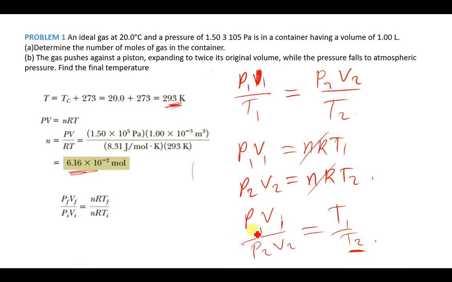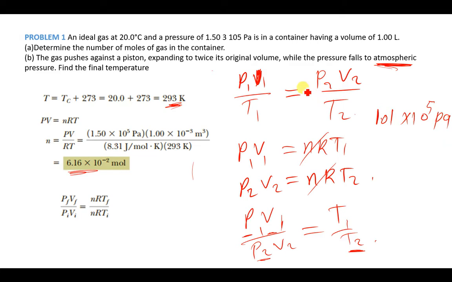You have P1, you have V1, you have P2. So P2, they are saying that the pressure fell to atmospheric pressure. So atmospheric pressure, I think it should be 1.01 times 10 to the power 5 pascals.